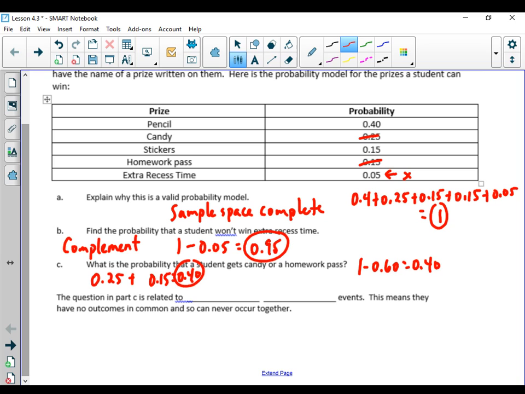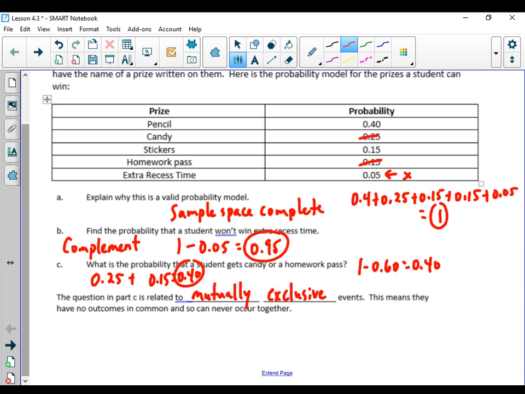So that'd be another way to attack it. Now, if you think about drawing one slip of paper out, and I want to know the probability of getting a candy slip or a homework pass slip, the question you ask yourself is, could I get both at the same time? Well, if I cannot get both at the same time, we have a situation that is called a mutually exclusive situation.